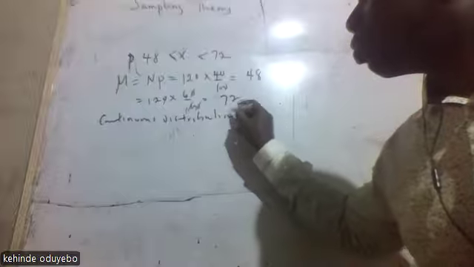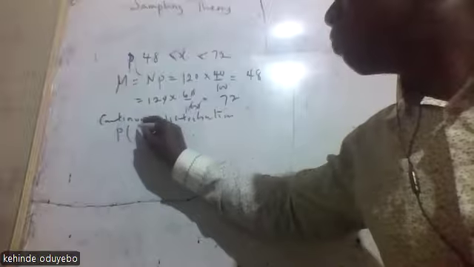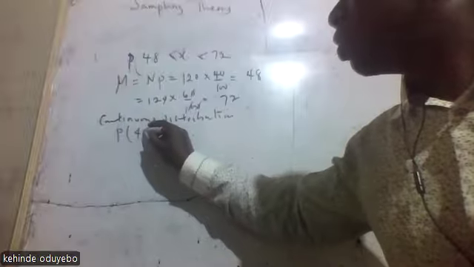Now, since it's a continuous distribution, I'm going to remove 0.5. That will be 47.5, right? And for 72, I'll add 0.5 to it. Is this one clear?